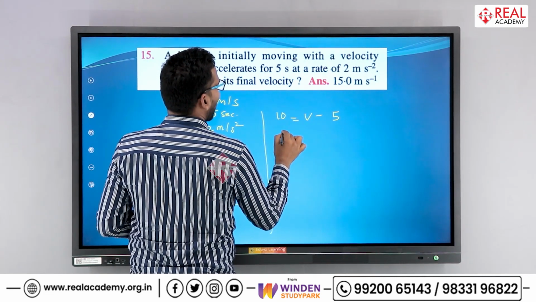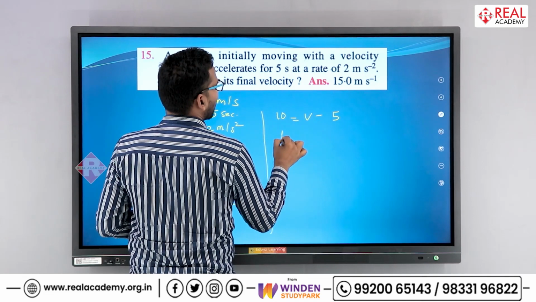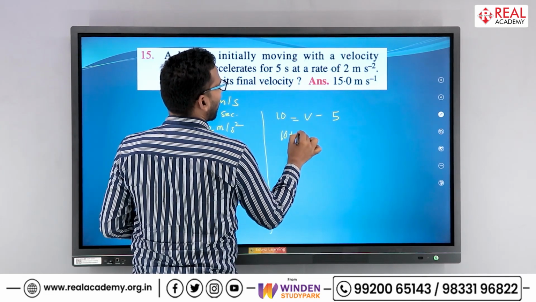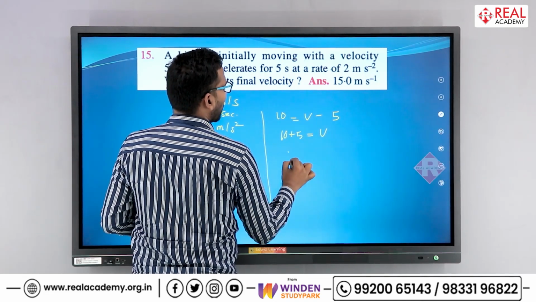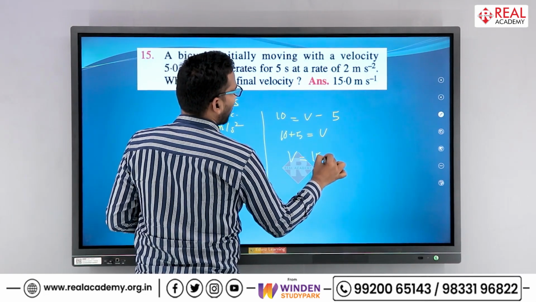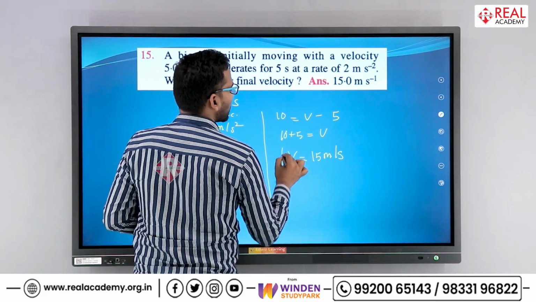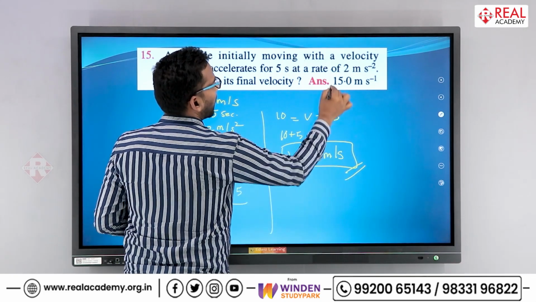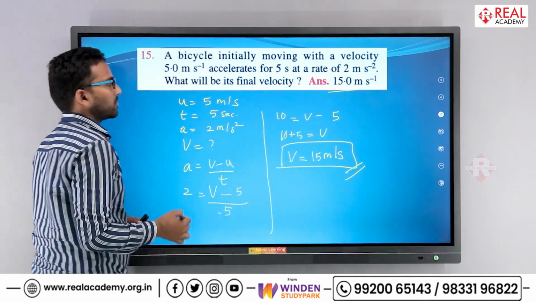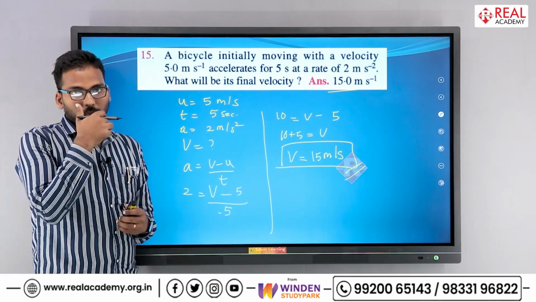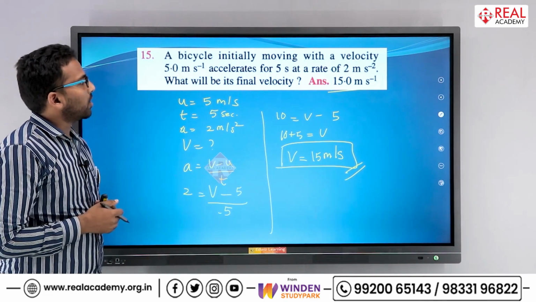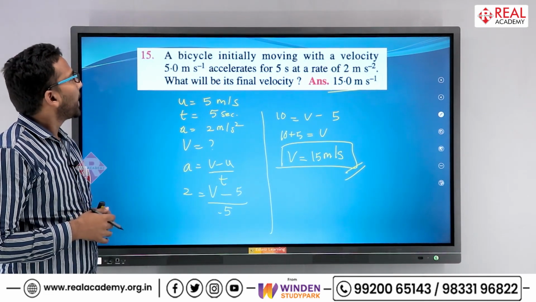Therefore minus 5, if we take this side, then it will come as 10 plus 5 is equal to V, which is nothing but 15 meter per second. The final required answer. Clear with this? Hope this is getting in your mind.